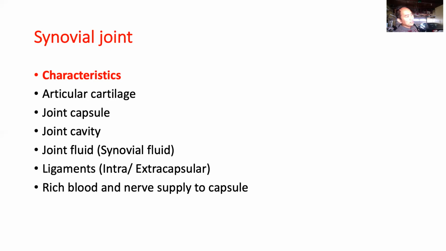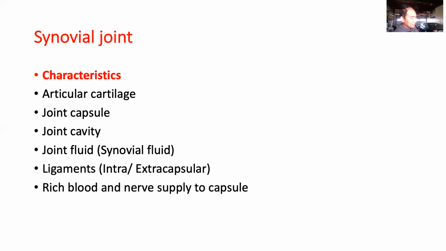The outer layer is much tougher and gives some sort of stability. And the inner layer is just like a carpet, nice and smooth inside, where there are many different cells which secrete fluid, which is called joint fluid, in other words, synovial fluid.